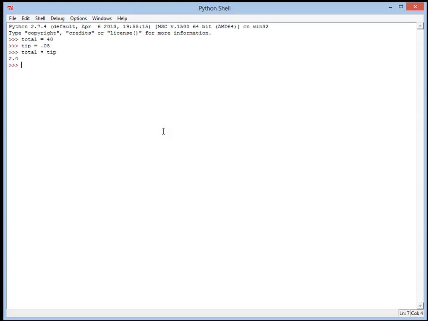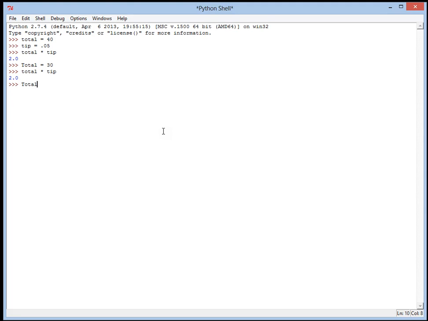The other thing that you should probably be warned about as far as variables go, in Python they are case sensitive. So say I wrote a capital Total and I equaled that to 30. Now, as you can see, total times tip is still equaling $2 because the total that I used was still the lowercase t.